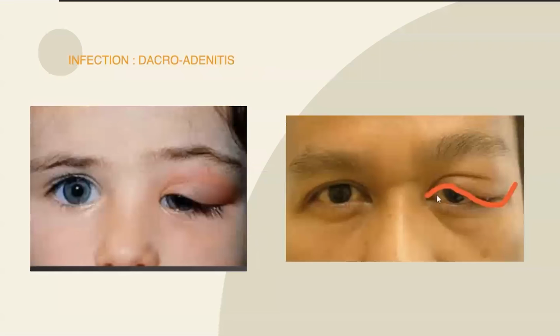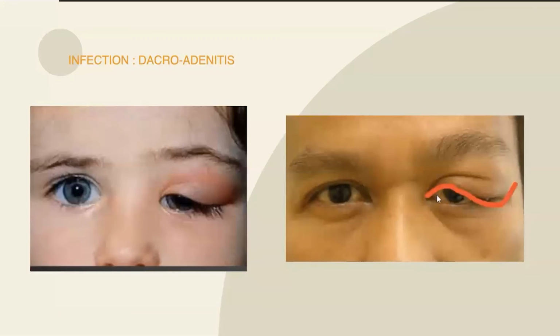Let me explain from this diagram. First, as discussed earlier, the lacrimal gland is present at the upper and outer portion of the orbit. Now, if it gets inflamed, it will become red, hot, and lastly, it will swell.